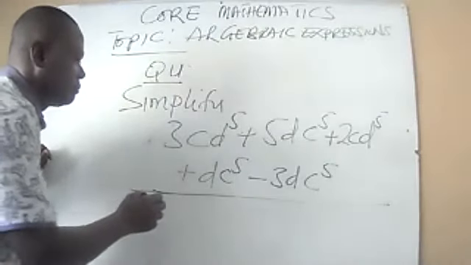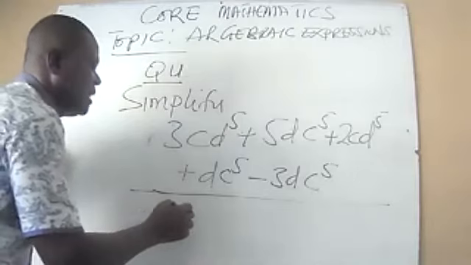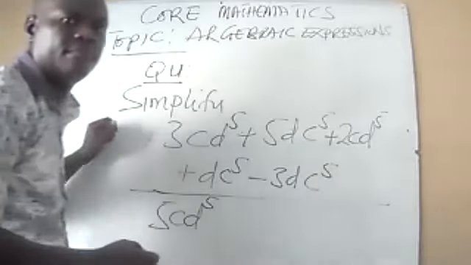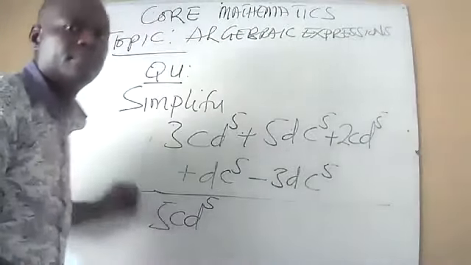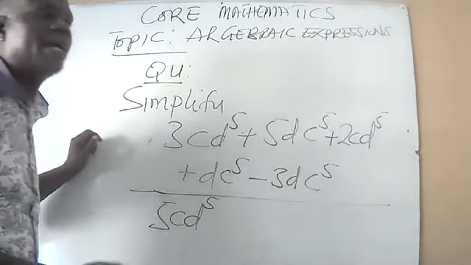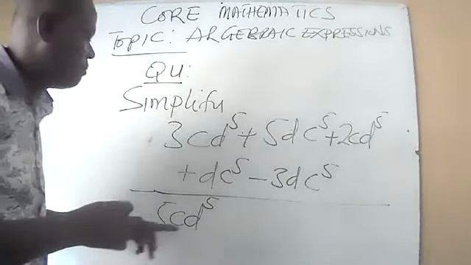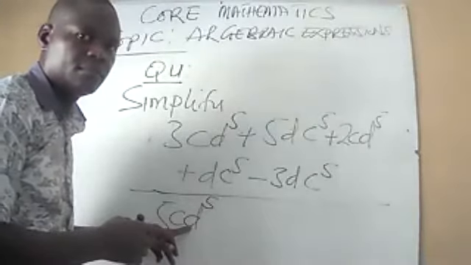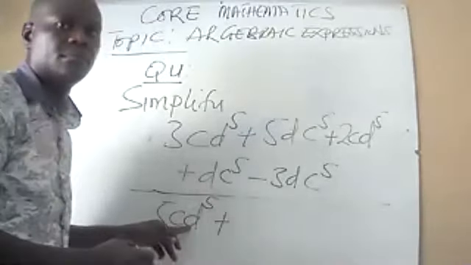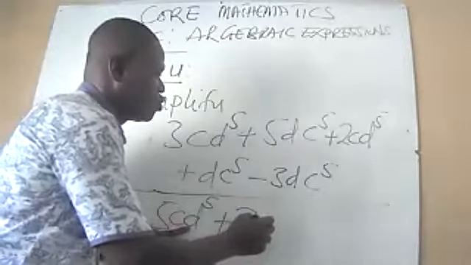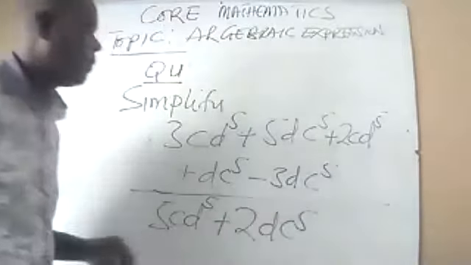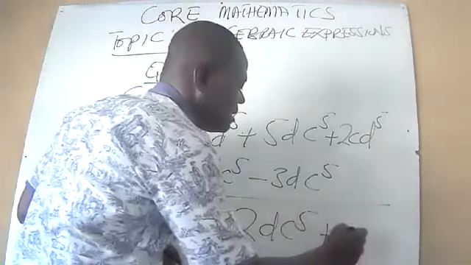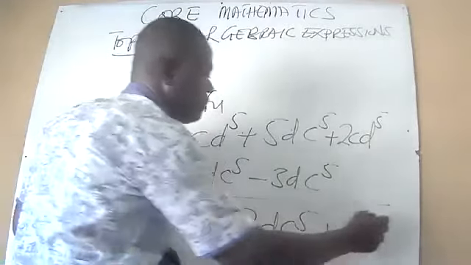The answer is 5cd exponent 5 plus 2dc exponent 5, plus dc exponent 5.